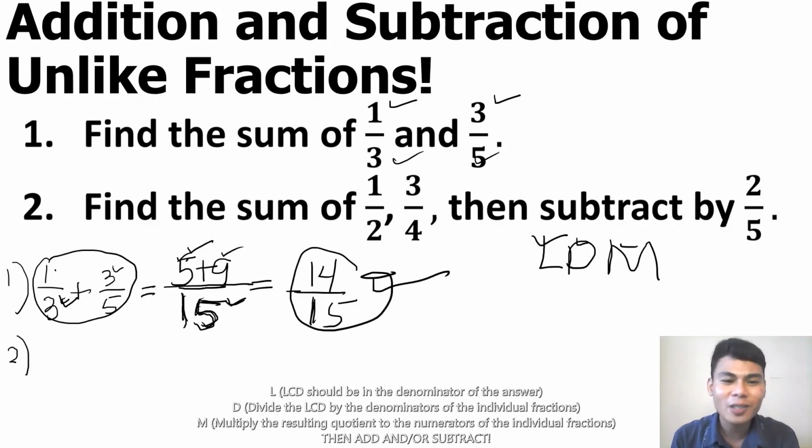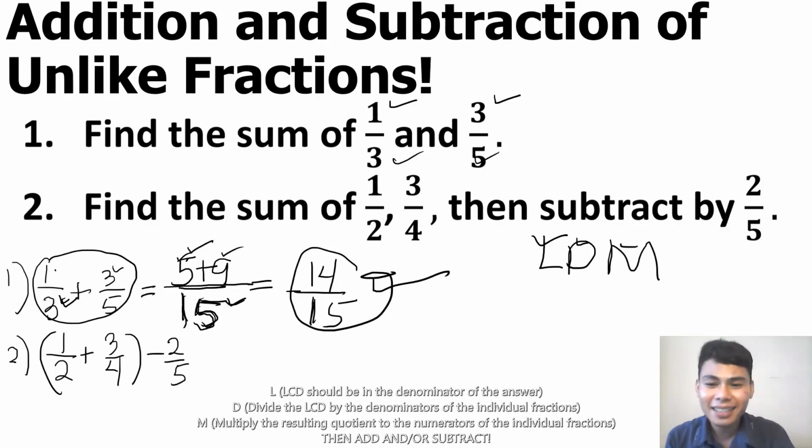Okay? So, isulat natin. 1/2 plus 3/4. Di ba? Then, subtract daw by 2/5. Okay? And, we know the GEMDAS, di ba? If we will just add and subtract, move from left to right, di ba, sa first lesson ko?